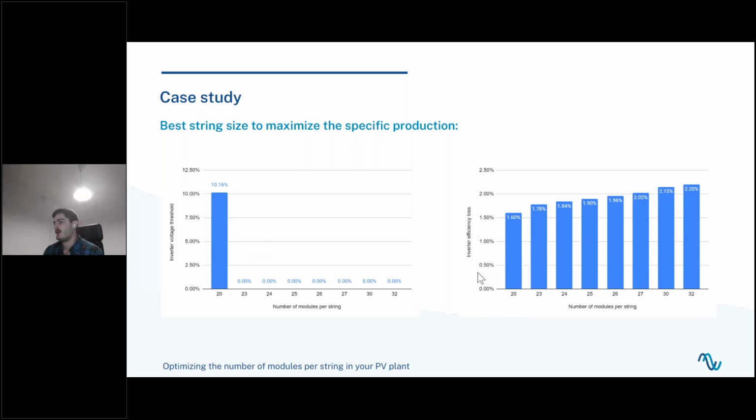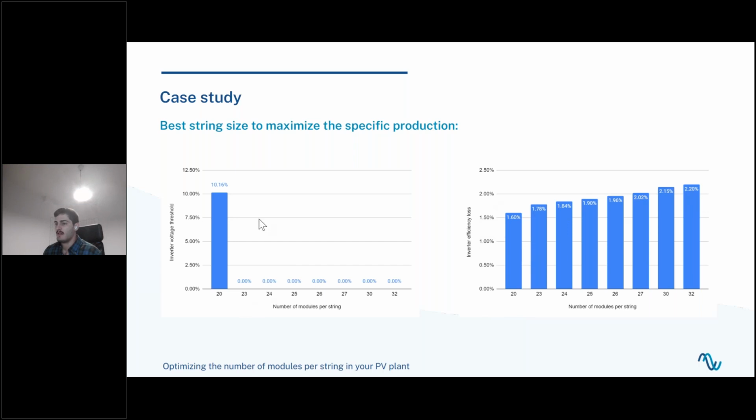And then if we go to the efficiency loss of the inverter, we will see how, as we were expecting from the manufacturer's picture, as we increase the number of modules connected to build one string, the losses due to the inverter efficiency are also increasing.